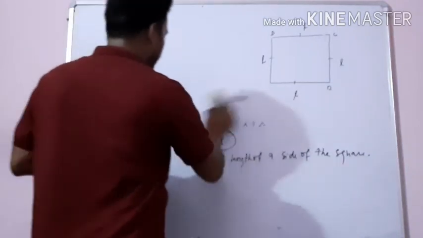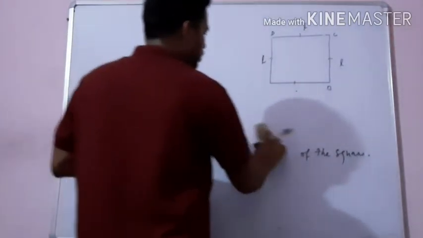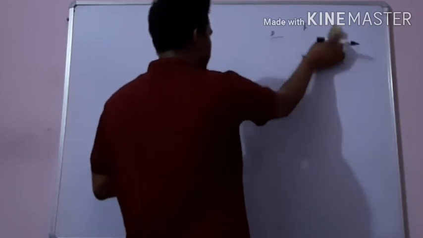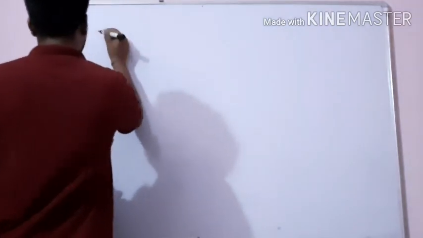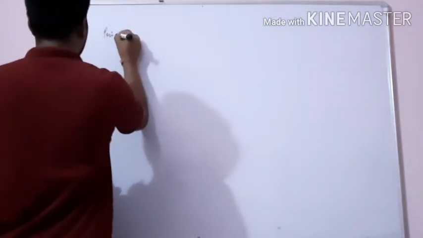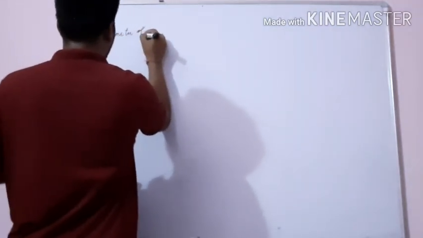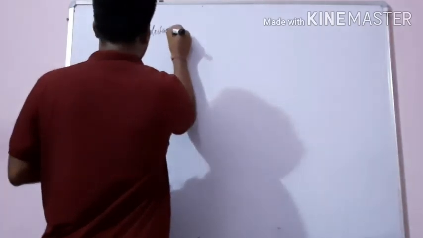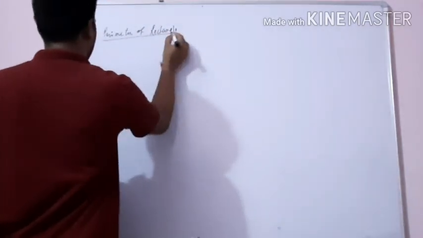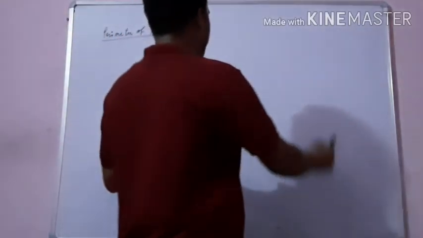Perimeter of a rectangle. You know very well about the rectangle. In a rectangle, opposite sides are equal and parallel, and all angles are equal to 90 degrees. So in a rectangle ABCD, opposite sides are equal.